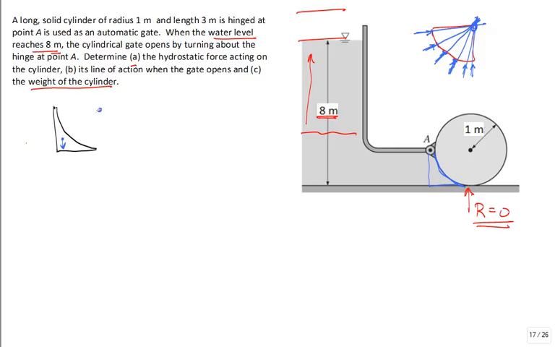We have the resultant force from the cylinder onto the water, and I can bust it into two forces. Let me look at my notation here so I don't mess it up. The force resultant in the x and the force resultant in the y.